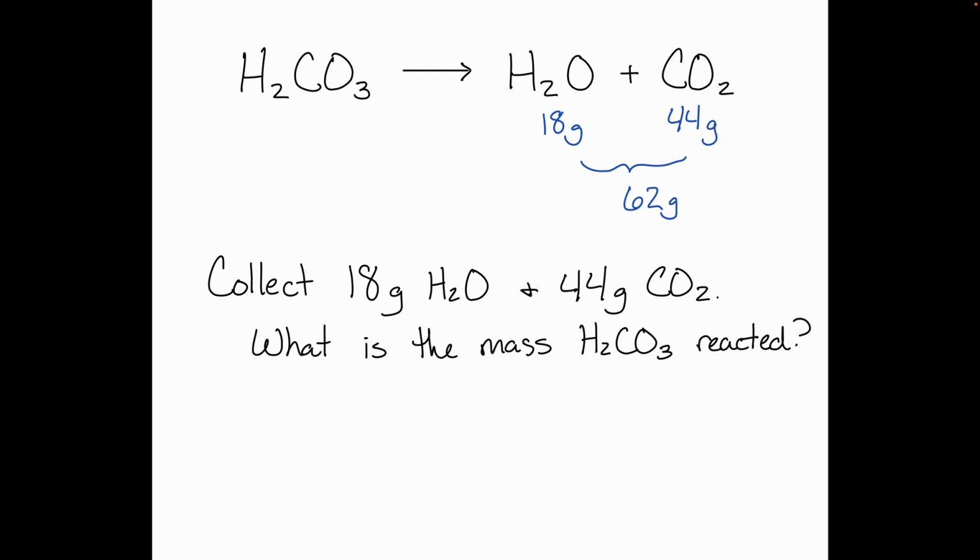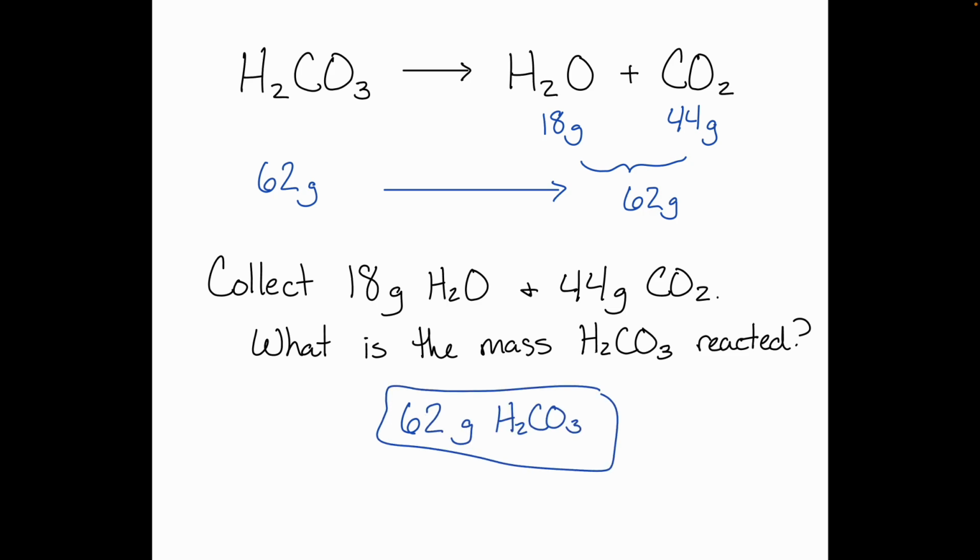Well, it didn't just come from thin air. That means that I had 62 grams of my carbonic acid that reacted, right? All of that carbonic acid, those hydrogen atoms and oxygen atoms and carbon atoms, they're still accounted for. They're still there, okay? So I just simply had 62 grams of that H2CO3 based on my conservation of matter principle.